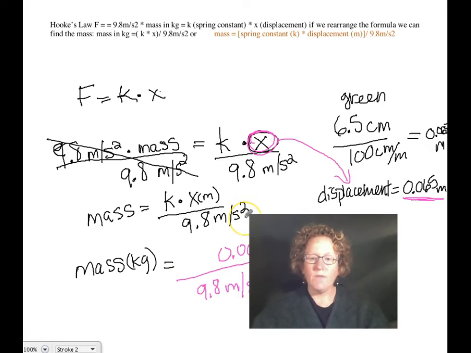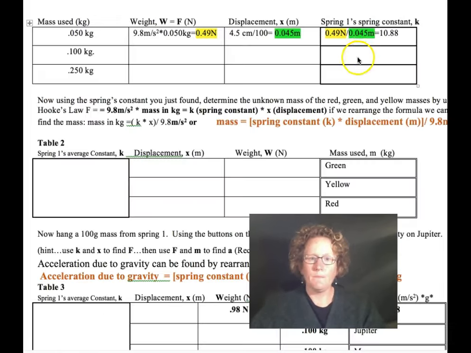And now let's go find that K, that spring constant from Hooke's law. So in the previous problem, we calculated the spring constant to be 10.88. If you found something different, use your spring constant. So here is the spring constant that we need to put in our formula.